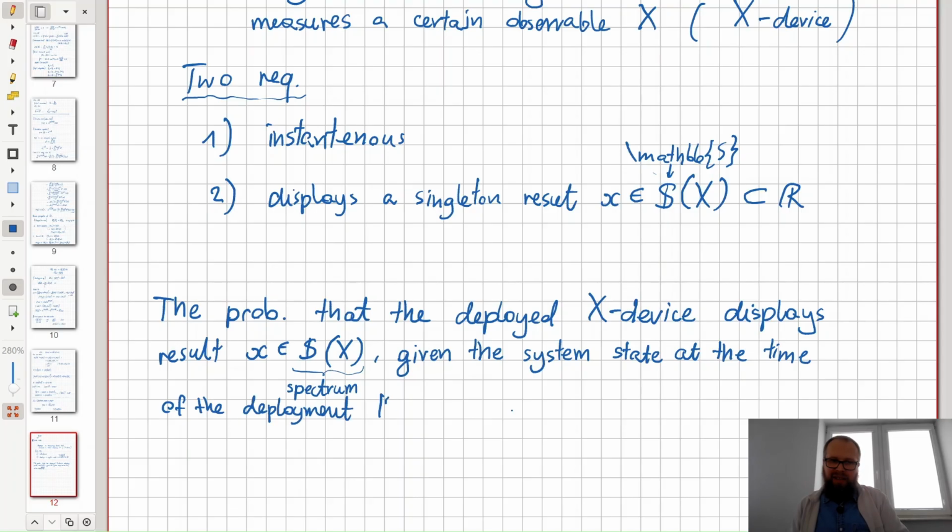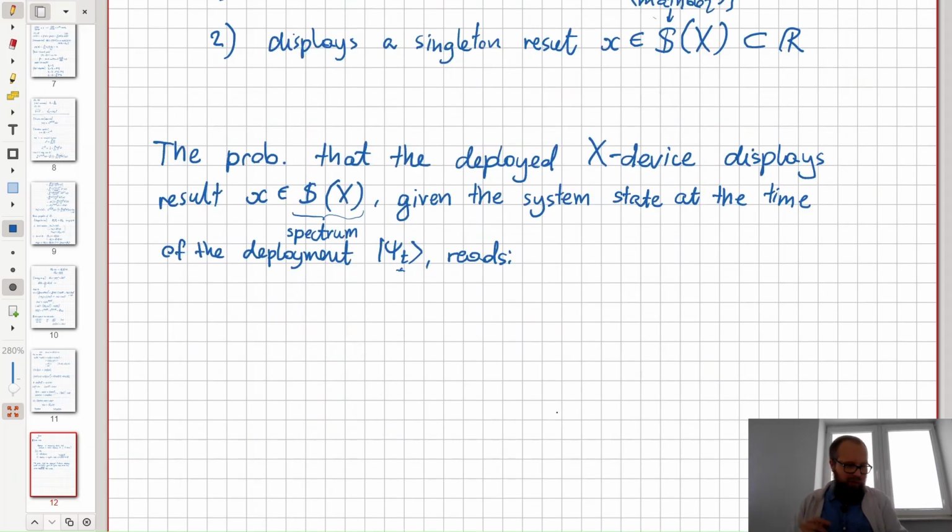The state at the time of deployment would be some ket psi t. So this is the time where we deployed our device. The probability that the device deployed at time t gives result x, given that the state at the time of deployment is psi, is given by the formula. This is the Born rule.